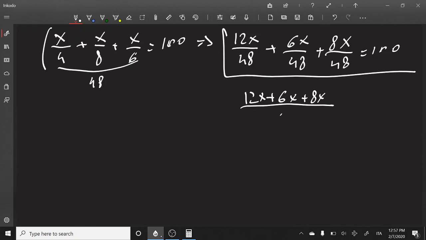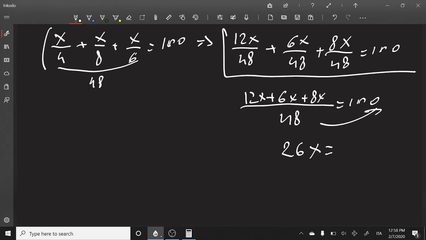Then we set the 48, and we have 12 and 6 is 18, 26. I have to correct this: 26x equal to 4,800. Then x will be 4,800 divided by 26.